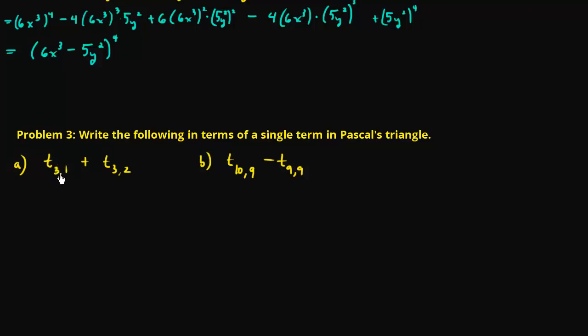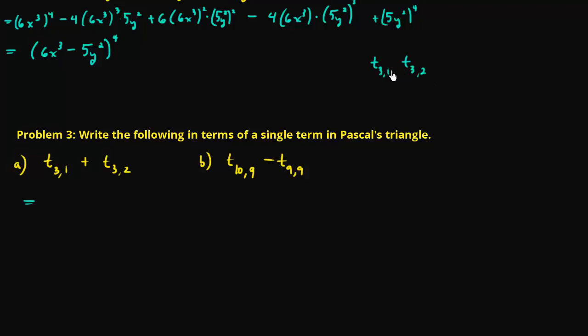So we have the term in row number 3, diagonal number 1, and then we have row number 3, diagonal 2. What does that look like? If we add these two together, let's actually think about what Pascal's triangle looks like. We would have T3,1, and the term next to it is just T3,2.